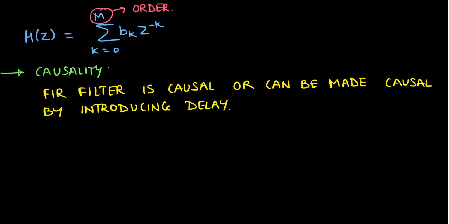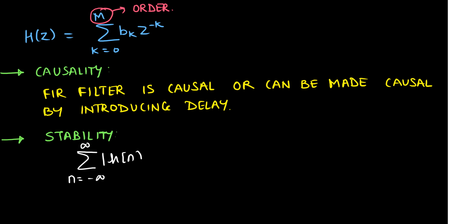So now let us look at the second property, that is the stability. And for any system to be stable, its impulse response should be absolutely summable. That is, the value of summation n running from minus infinity to infinity mod of h of n should be less than infinity.